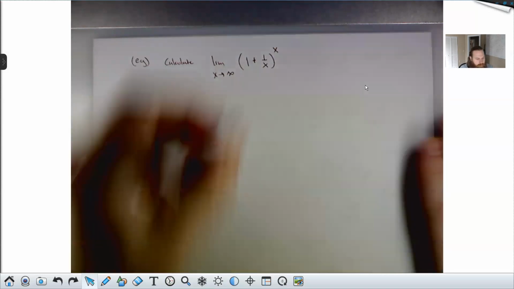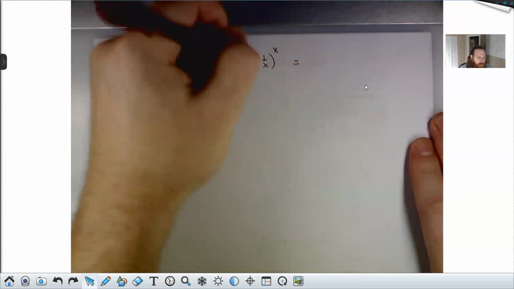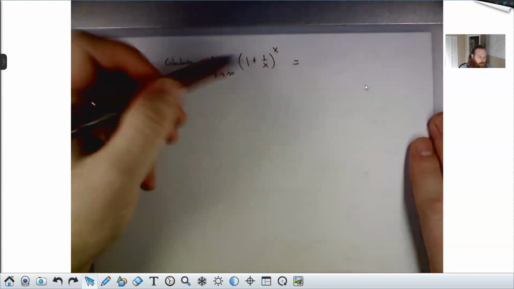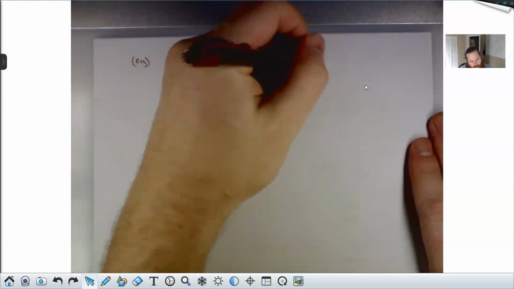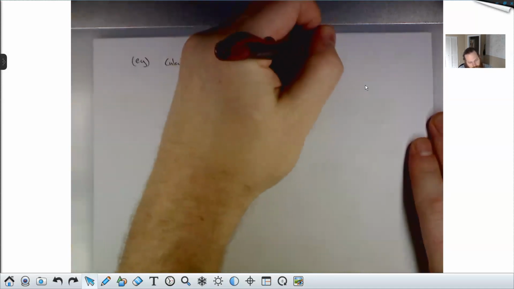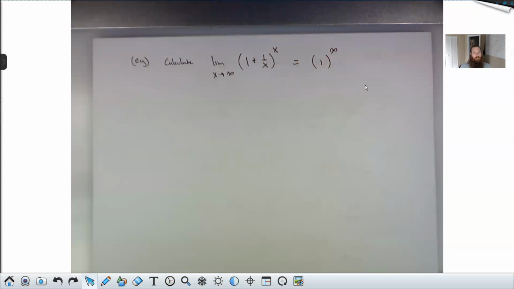Here, the base, the inside, we know the 1 over x piece there will go to 0. So this is 1 plus 0, all raised to the x. Well, that's going to infinity. And that's an indeterminate power.